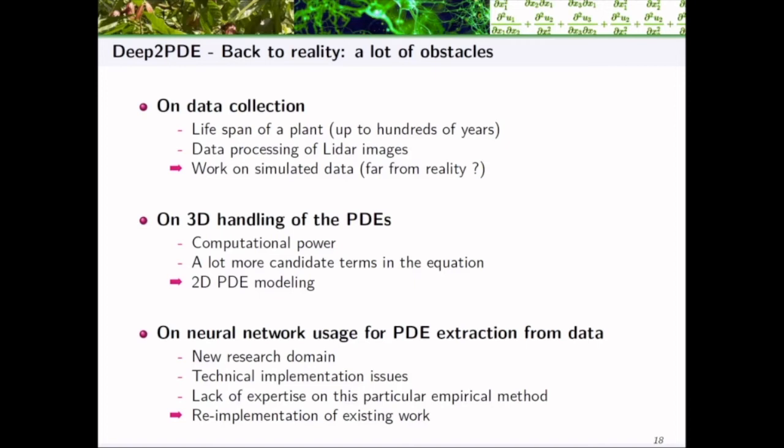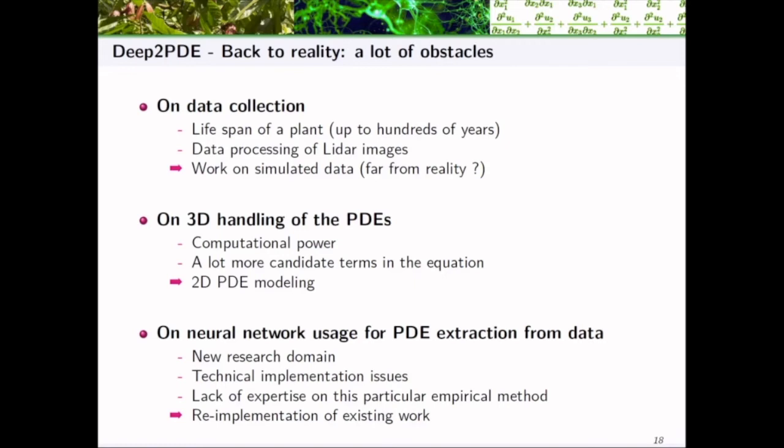Now, second, trees are 3D objects, so obviously the PDEs have to be in X, Y, and Z directions, that is 3D PDEs. But handling 3D PDEs is a tedious technical task that requires big computers and a big set of terms in the PDE.